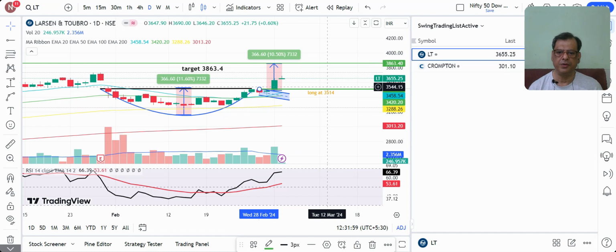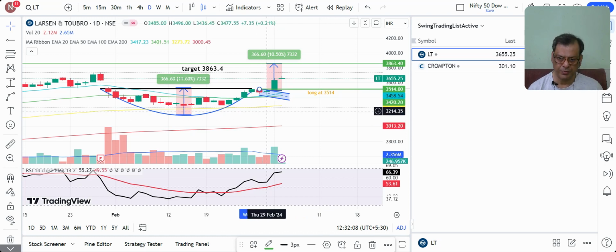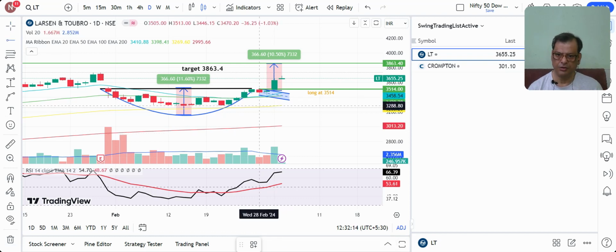Now what is going to be your stop loss? Your stop loss is going to be below this handle. You will go to the lowest point of this handle, take a horizontal ray and keep it here. If you see the low of the two candles, it's 3446.36. We'll keep it at the low of the handle here.